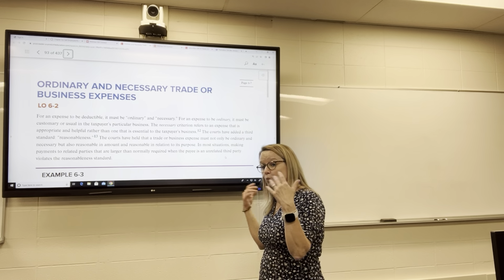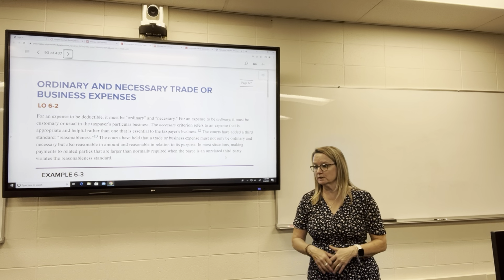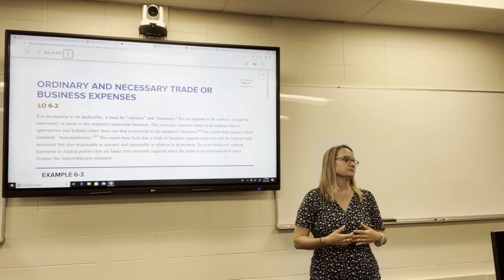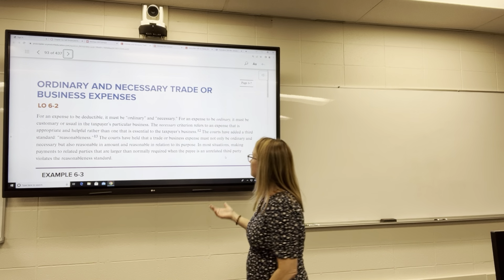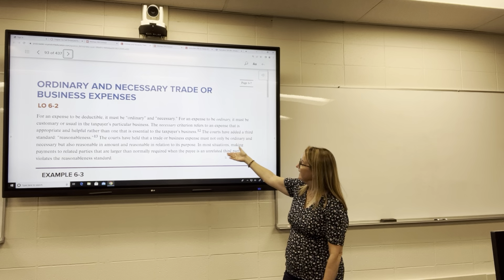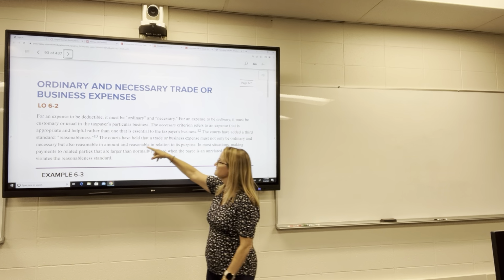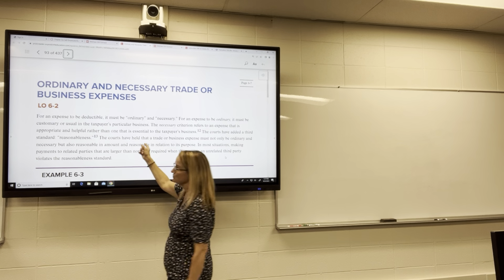QuickBooks helps us do it more efficiently, so it falls under the necessary criteria because it is appropriate for the field and it is helpful as well. Ordinary means it has to be customary or usual in the taxpayer's particular business.